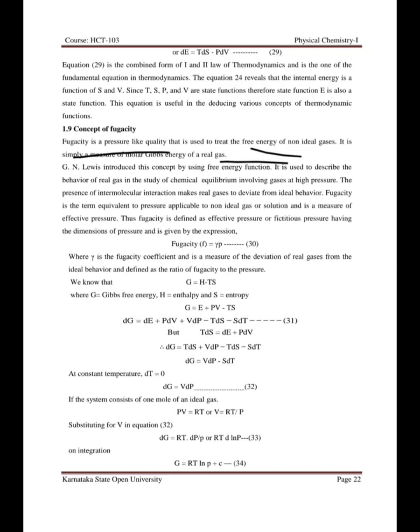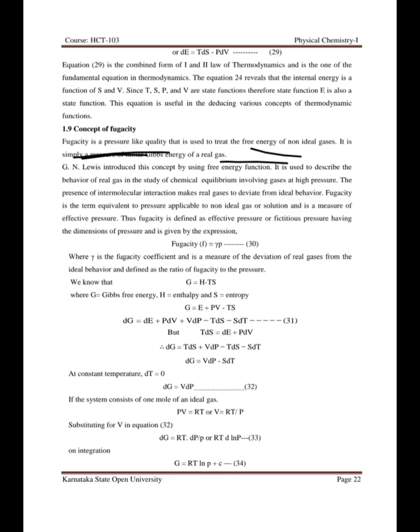So fugacity is a pressure-like quality that is used to treat the free energy of non-ideal gases. It is expressed as an effective pressure having the dimension of pressure. So fugacity is nothing but the effective potential pressure.